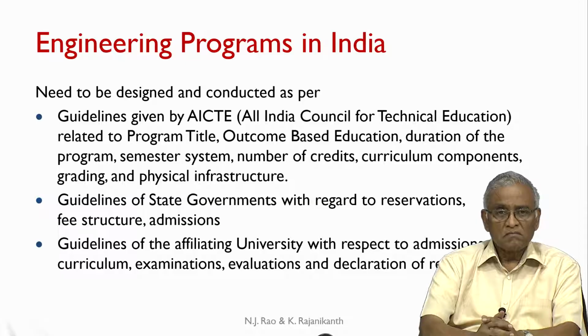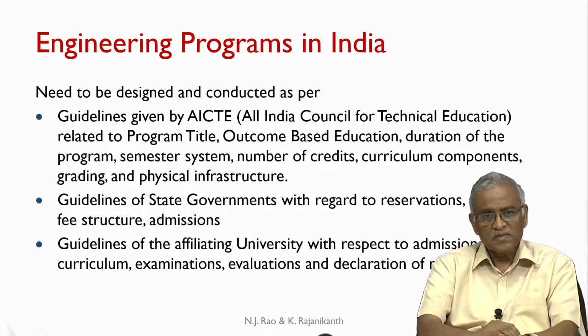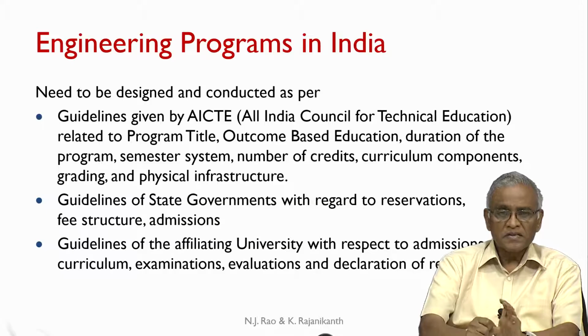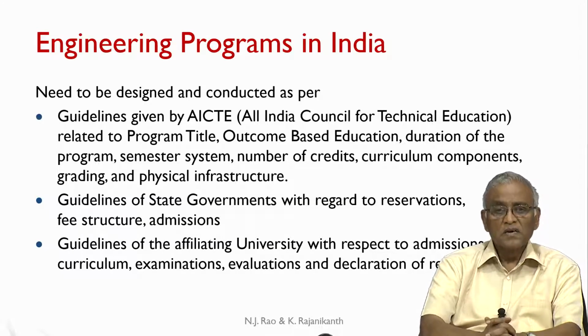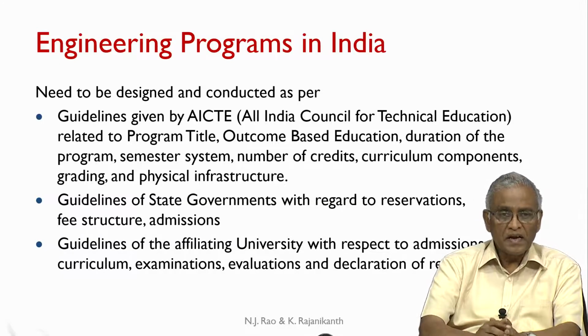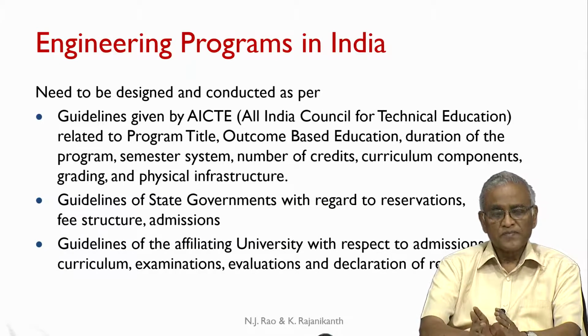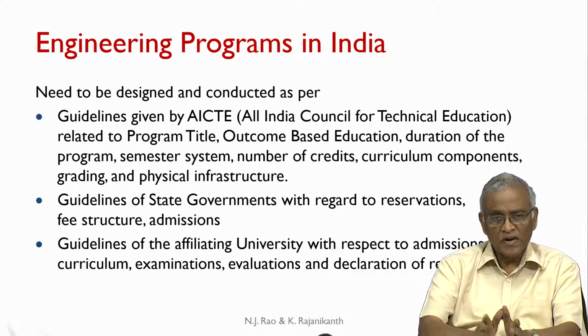Then the guidelines are given with respect to outcome based education, duration of the program, the semester system, the number of credits for which the program has to be designed, what we call curricular components, grading and physical infrastructure. So these are the guidelines that AICTE provides.